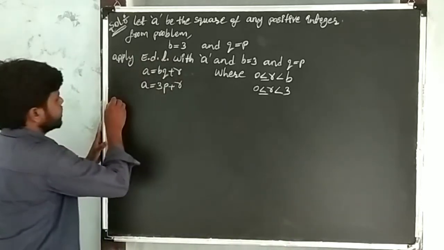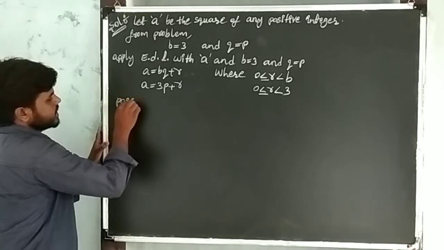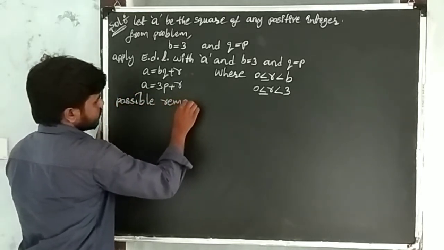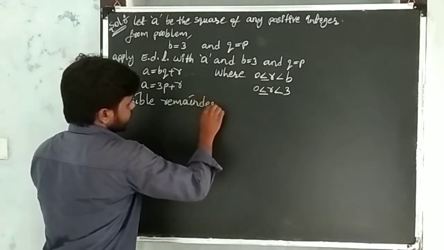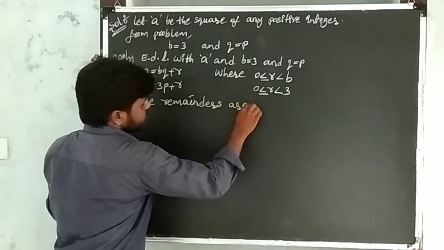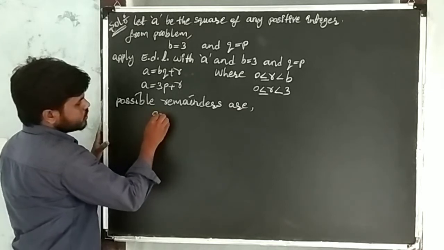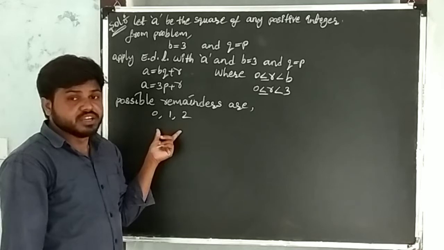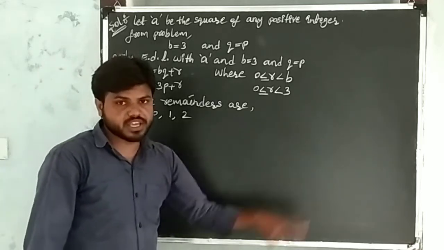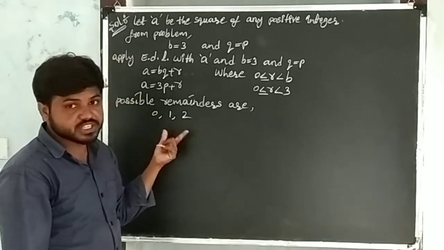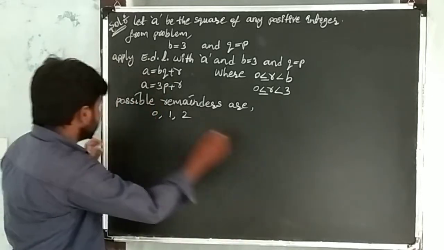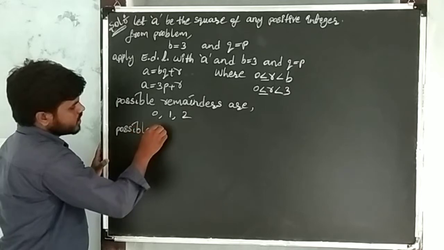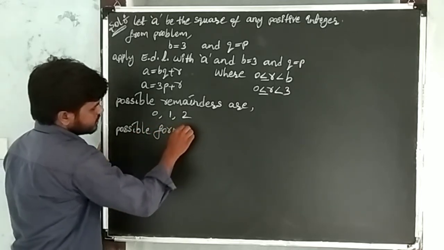I am writing that the possible remainders are 0, 1, 2. From these possible remainders we get the possible form of a.